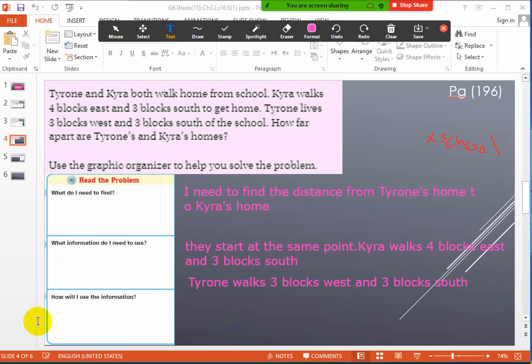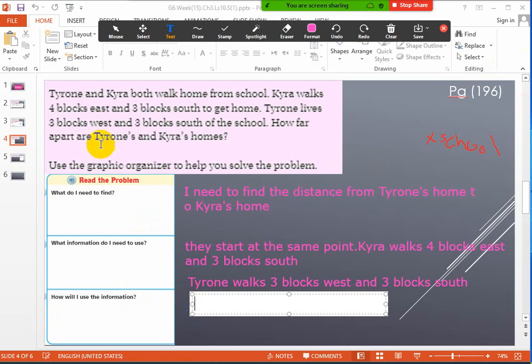The last step is how you will use this information. Of course, the strategy that I will use to find the answer in problems like this is the coordinate plane.